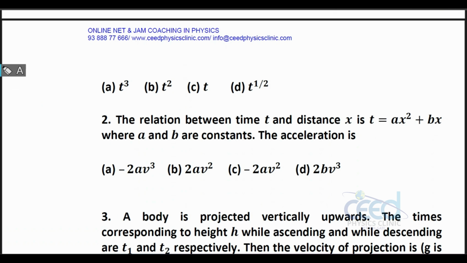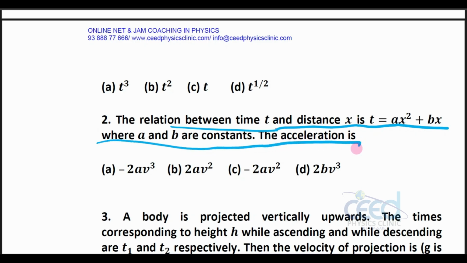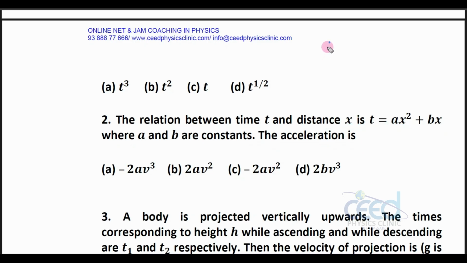The relation between time t and distance x is t is equal to ax square plus bx, where a and b are constants. The acceleration is? So here they have given us t is equal to ax square plus bx.